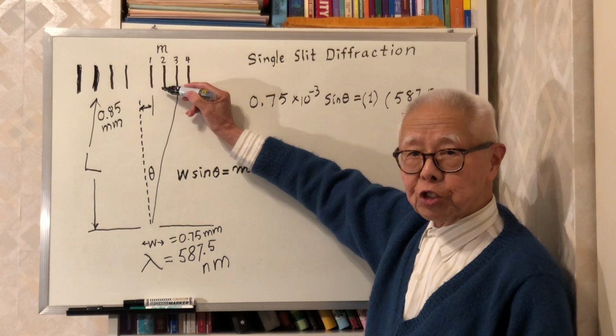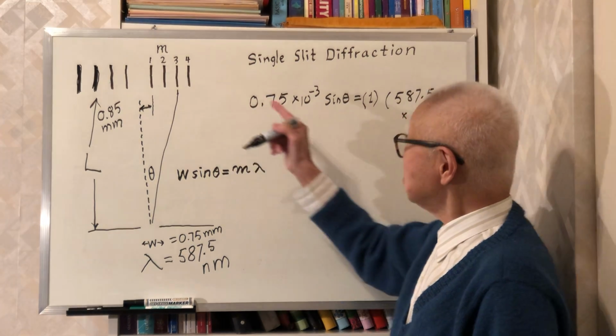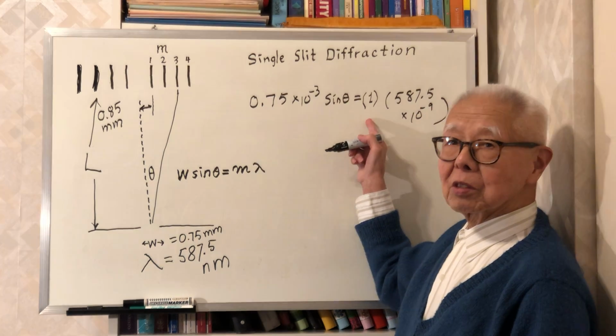Between the first fringe and the center, the value of m is 1.